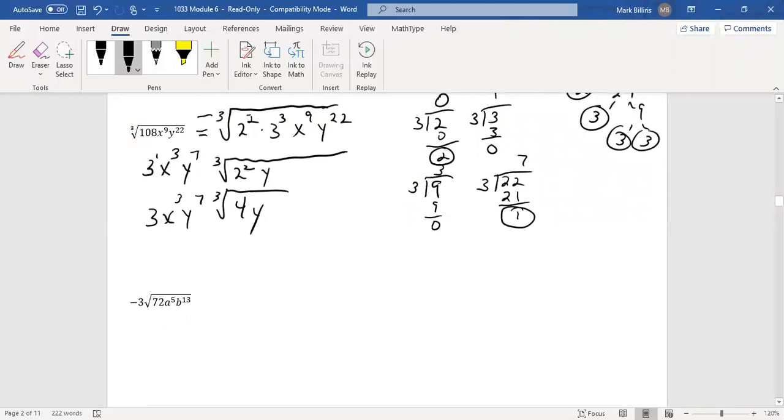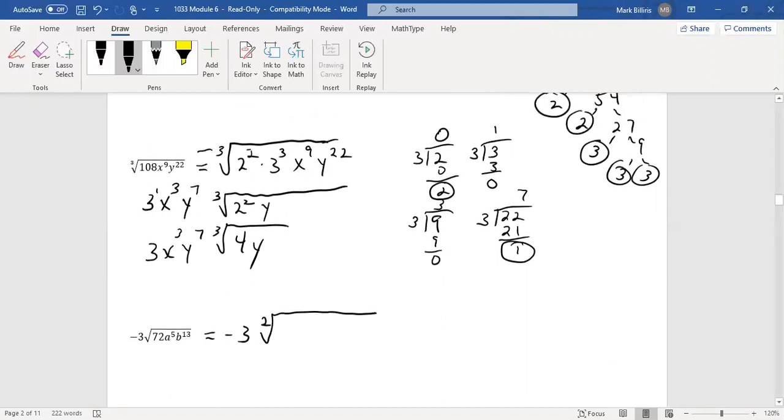The next, we're going to take square root this time. So again, when I'm simplifying, that -3 stays on the outside. Remember, square root has an index of 2, so I'm going to write it there. 72 we need to break down into prime factorization. Again, since it's an even number, I start with 2.